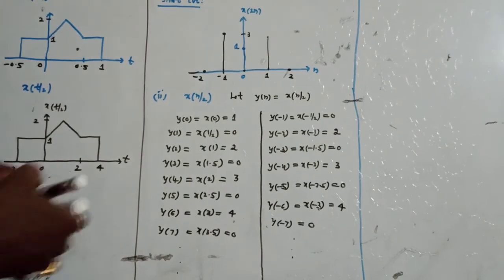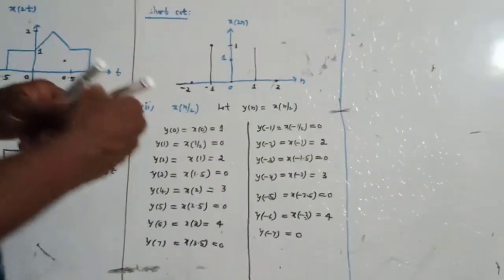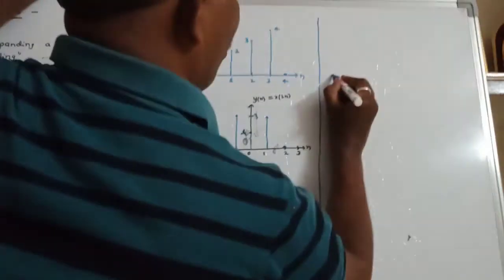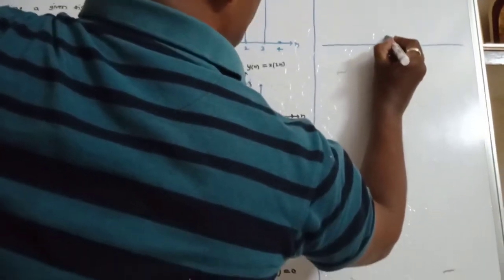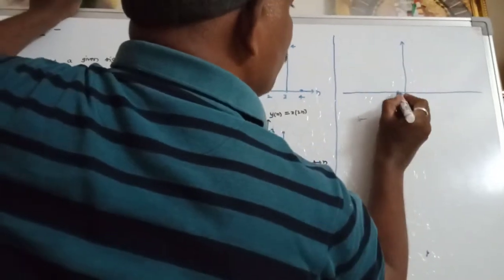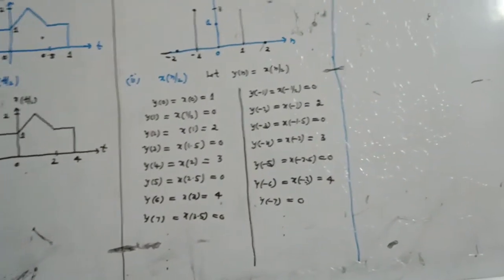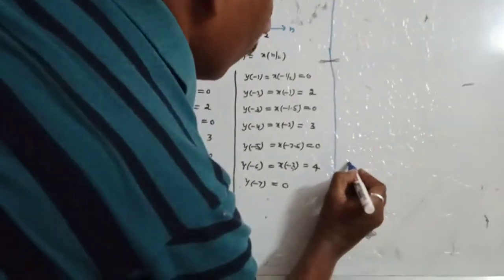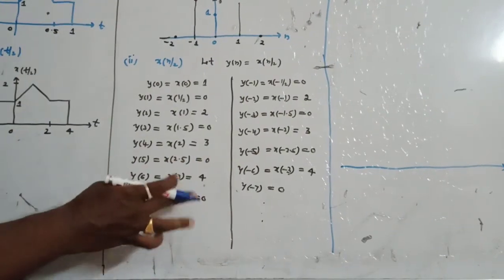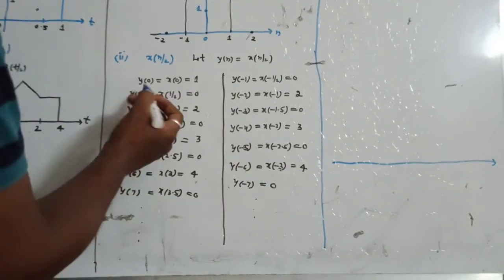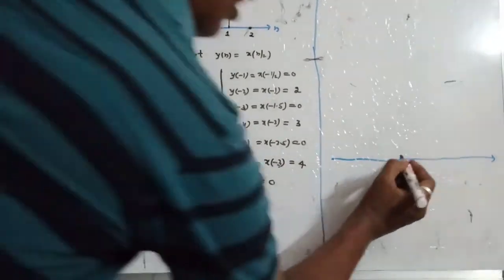So based on this, plot the graph. So I am plotting the graph. So this is an expanded version. So therefore carefully draw 0. So let us draw the expanded version. So these are the values. Just substitute the amplitudes at different values of n in the diagram.